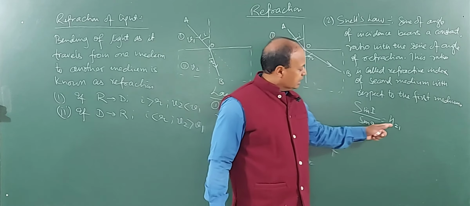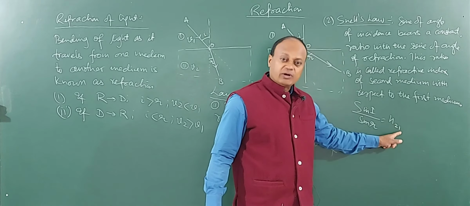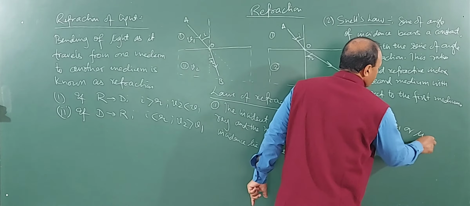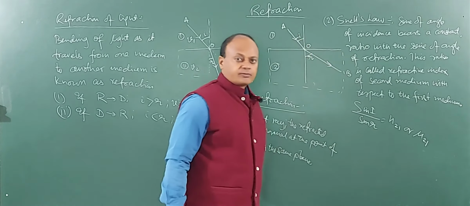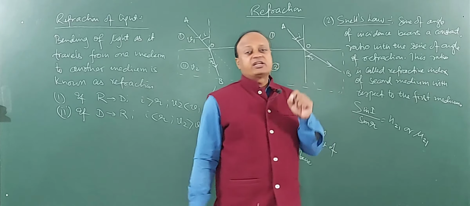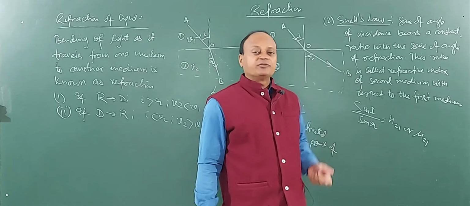How will you read? The refractive index of 2 with respect to 1, or you can also write mu21. Again same way, you can write n or you can write mu, and both mean refractive index of second medium with respect to the first medium.